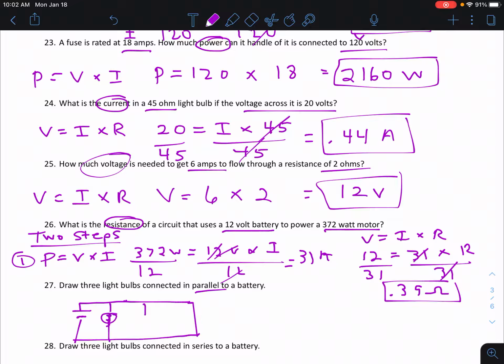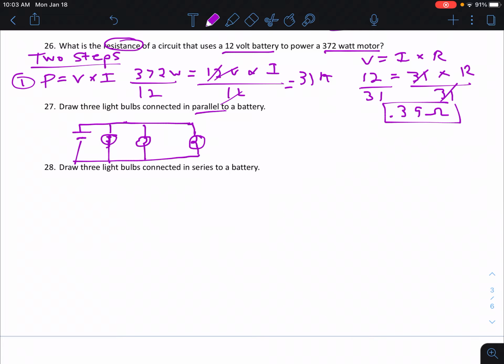And we have a second bulb here. There's supposed to be a squiggly line in there, but it's a little bit small to be doing that, but that's what it would look like. Three light bulbs in parallel.